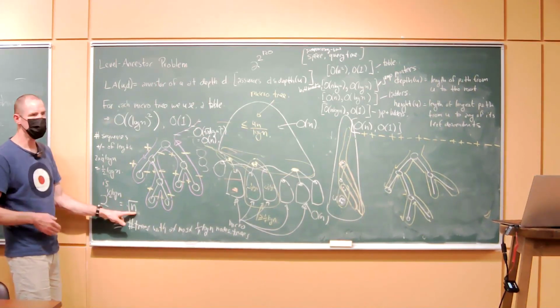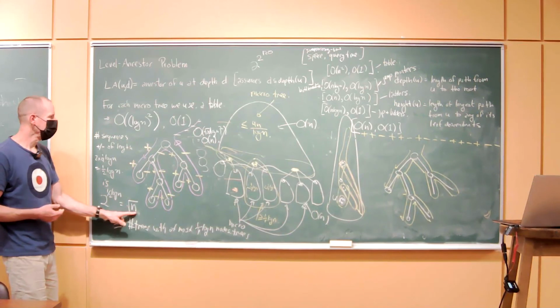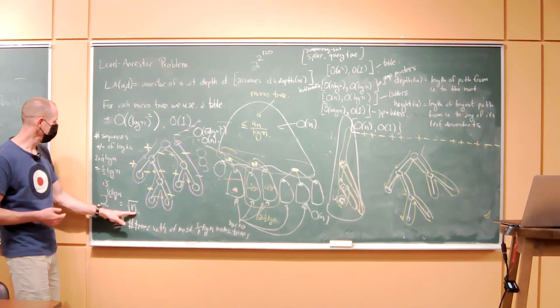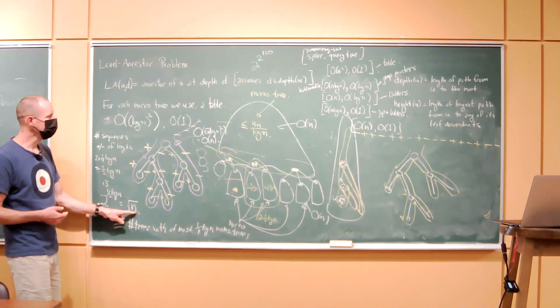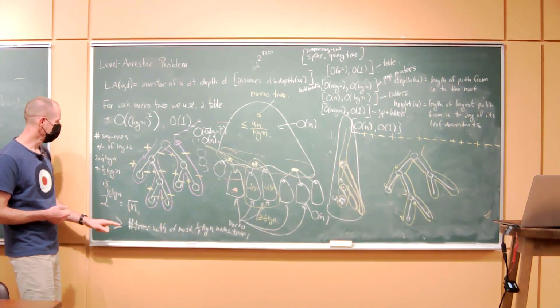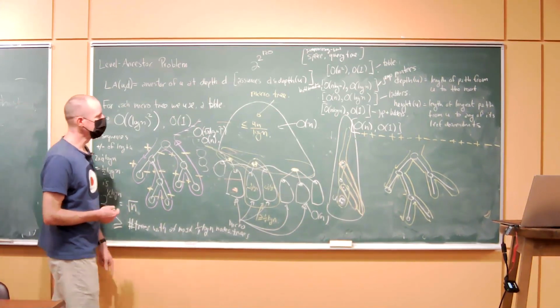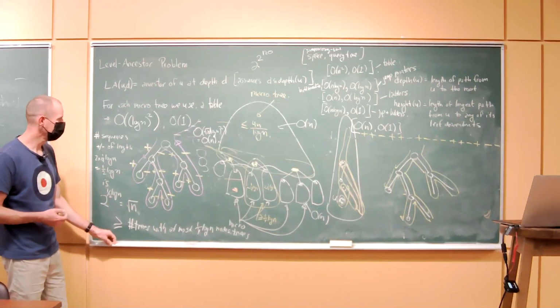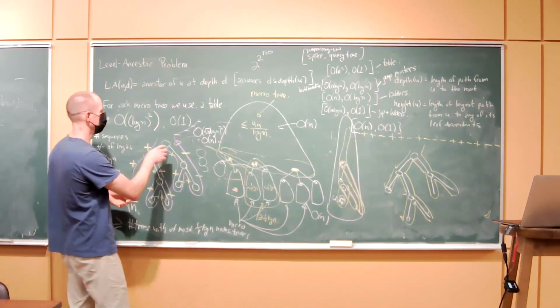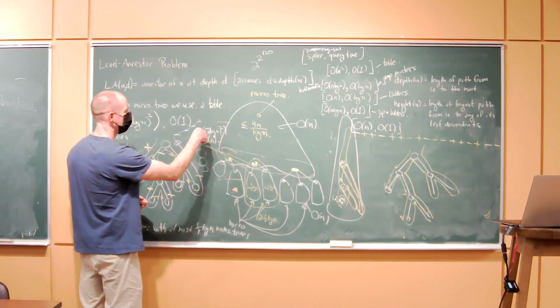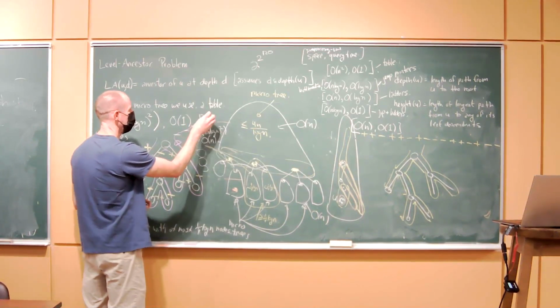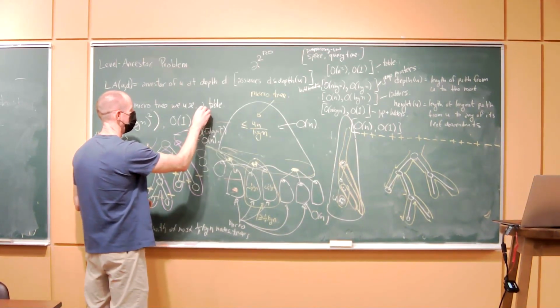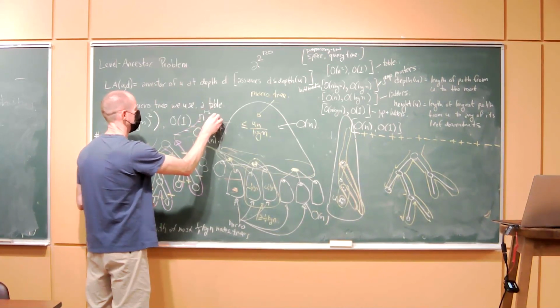Now, they didn't have to use square root n here. In fact, they could have used anything less than 1/2. So they used 1/4, but if they had used anything strictly less than 1/2, then instead of square root n log squared n, you get n to the 1 minus epsilon log squared n.